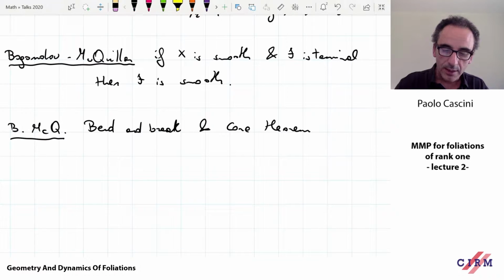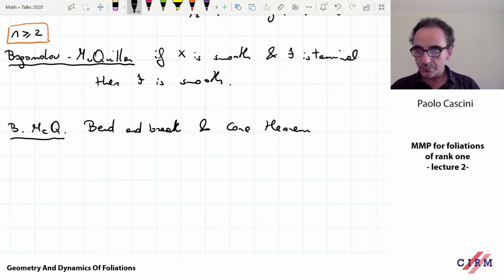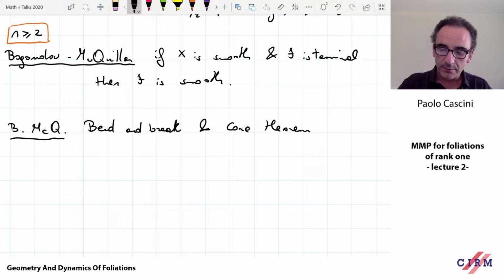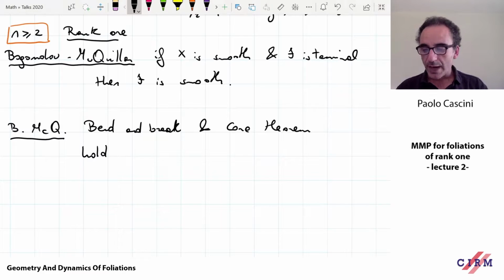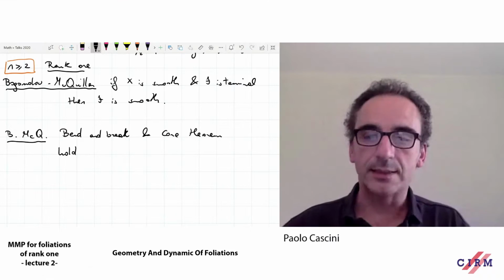Here we are assuming that n is any number greater or equal to 2, I suppose. The interesting case is from 3 upwards. So in this generality, for rank 1 foliations, the bend and break and the cone theorem hold. We talked about this a few times, both in the classical MMP and in the case of foliations. The result is exactly the same.